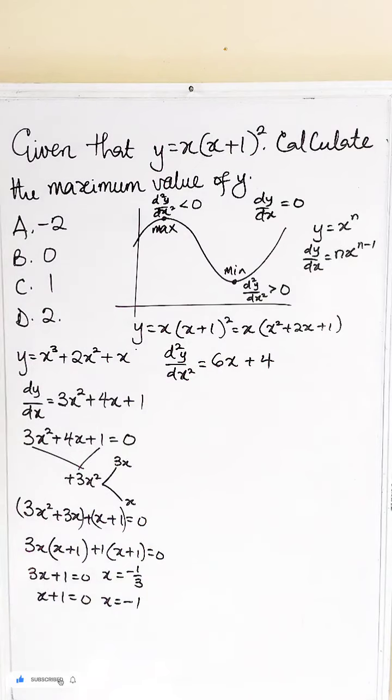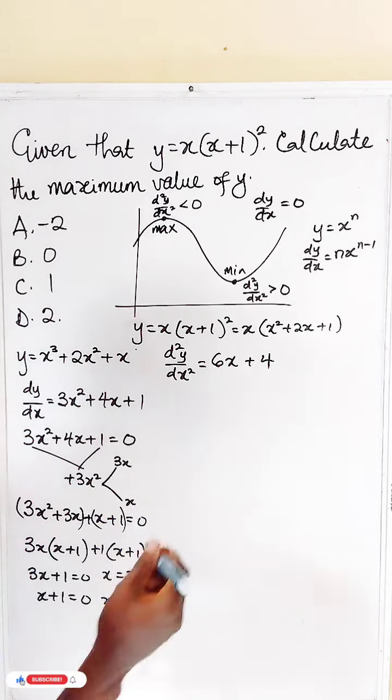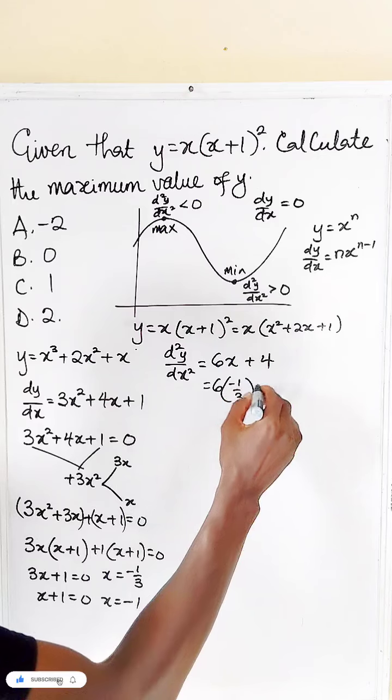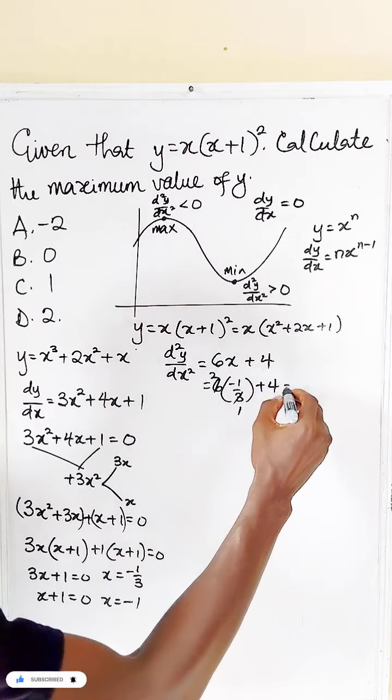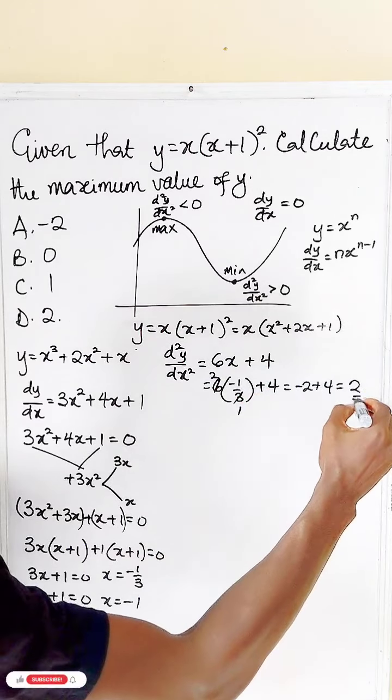At this point we have to plug in the needed values. When x is negative 1/3, we have 6 times negative 1/3 plus 4, which is negative 2 plus 4, which is 2.